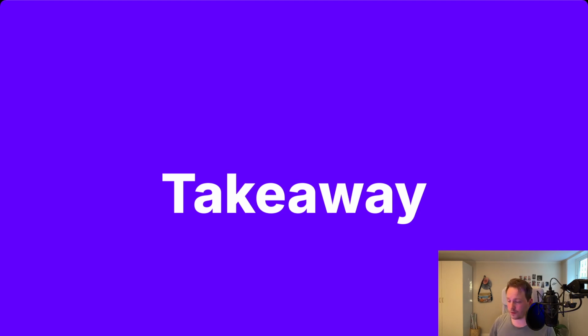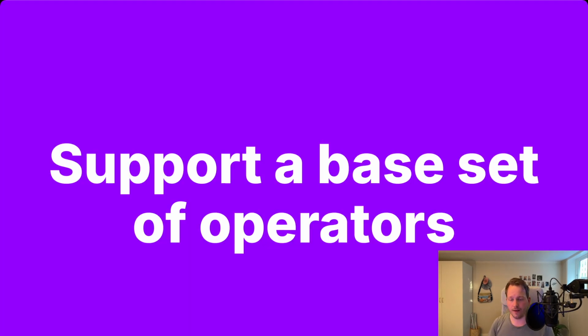In practical terms, what that means is that we need to rewrite the parser API to avoid using custom operators, and we need to rewrite the URL APIs to remove those custom operators, and we also need to define a base set of supported operators.